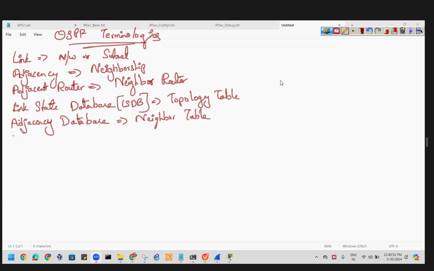Then forwarding database, routing table.